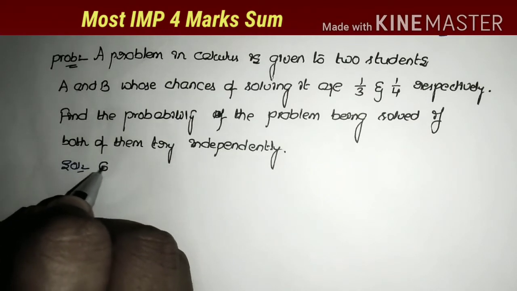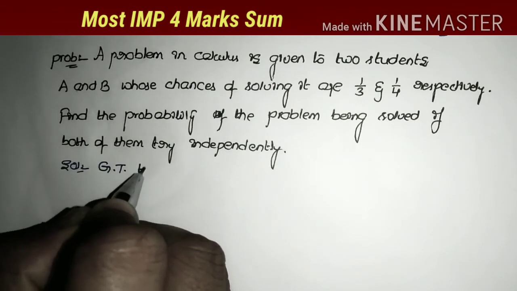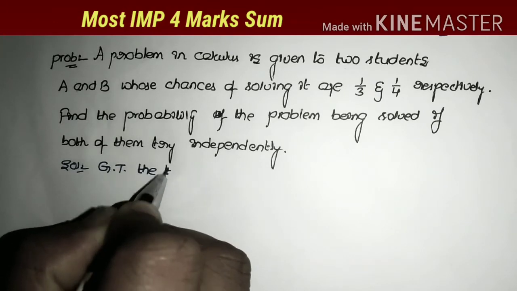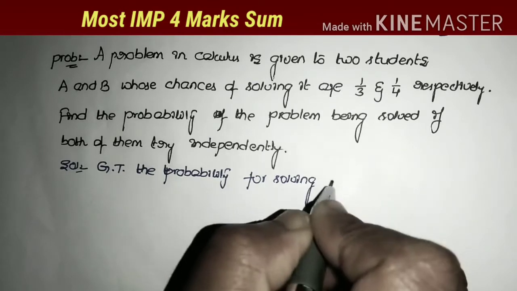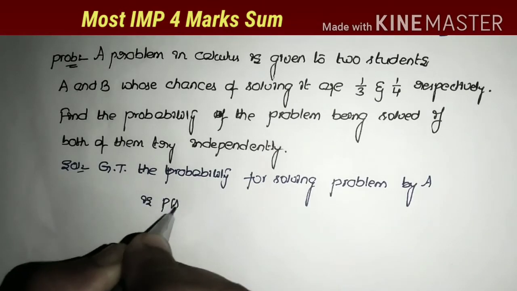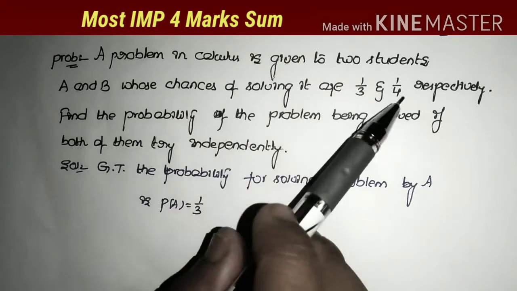Given that the probability of solving the problem by A, P of A, is equal to 1 by 3, whose chances are 1 by 3 and 1 by 4.